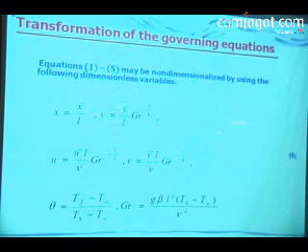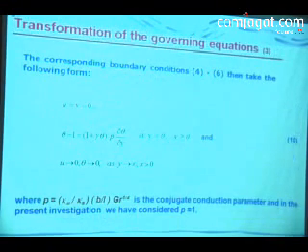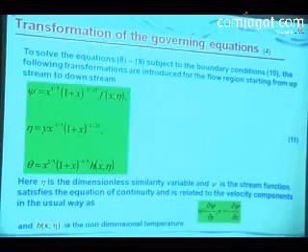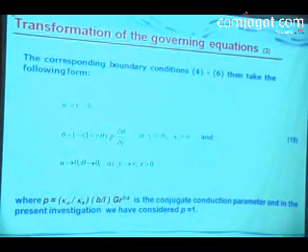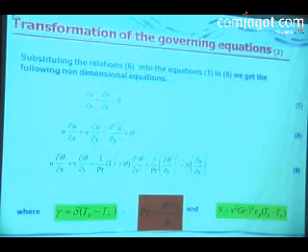This is equation 6. We use the dimensionless variables. When using the dimensionless variables, we get the continuity equation, momentum equation, and energy equation, and we get three parameters.